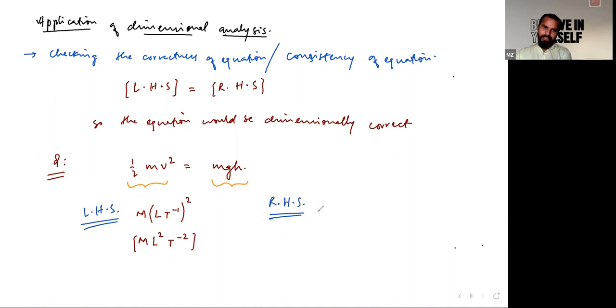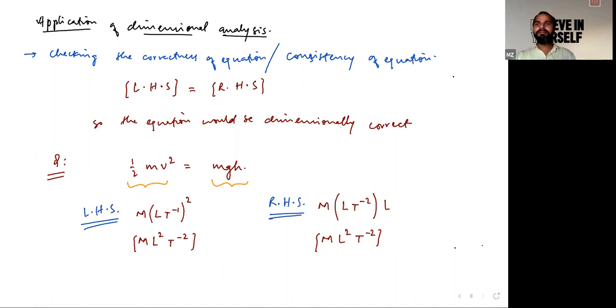Similarly, for right hand side, the first term is mass, so you can write capital M. Next is gravity, which is nothing but LT minus 2, and H being calculated in terms of length, so it can be L. We have length here and we have length here. They are in multiplication, so their exponents will be added. So it will give you M L square T minus 2.